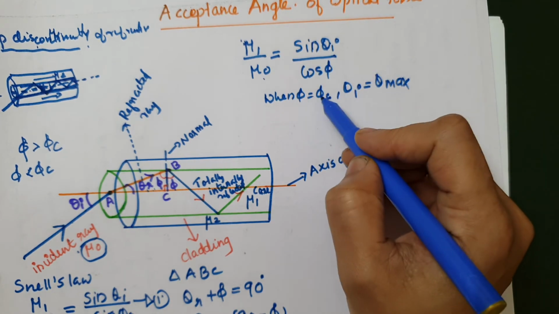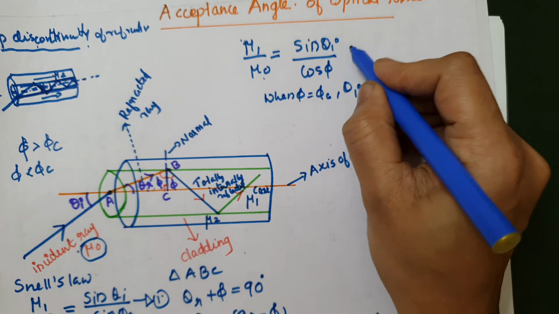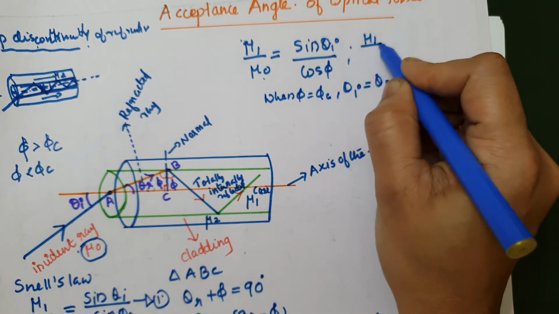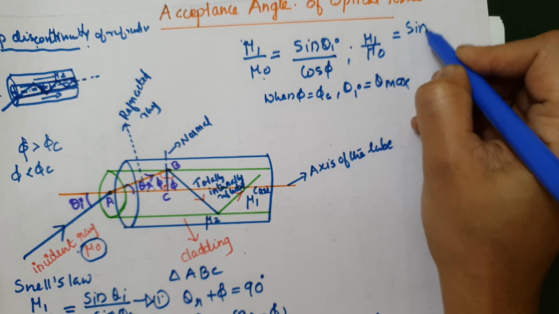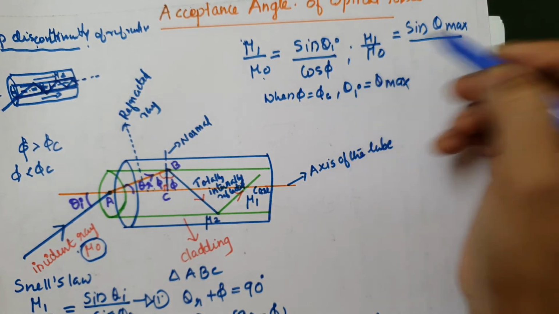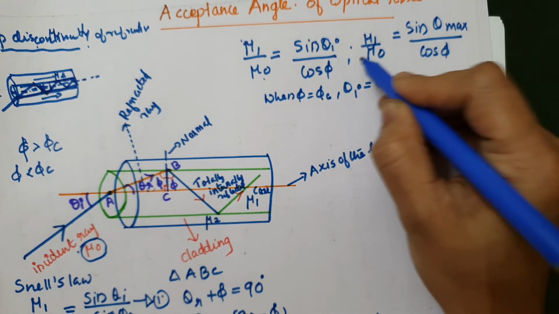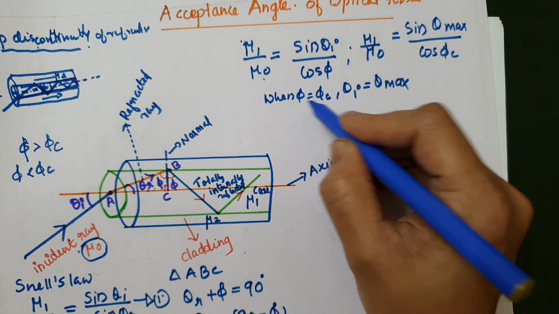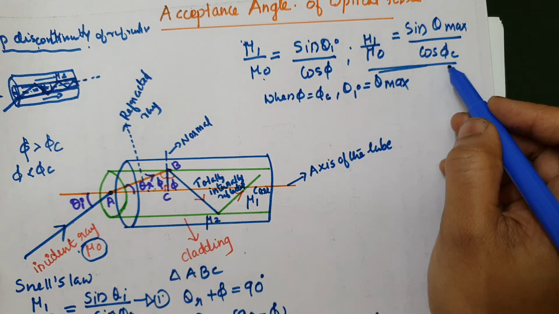When phi is equal to phi c, sin theta I will be sin theta maximum. Then this equation can be written as mu 1 by mu 0 is equal to sin theta max divided by cos phi, and cos phi becomes cos phi c.